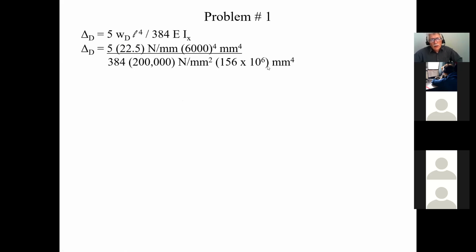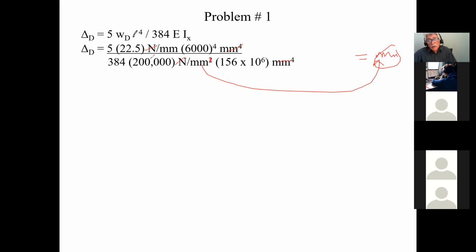If I don't check my units, I do this all the time. That cancels that, cancels that, cancels that, and it goes here, and I have millimeters, which is the right units I want to get. I do this constantly, guys, even to this day.